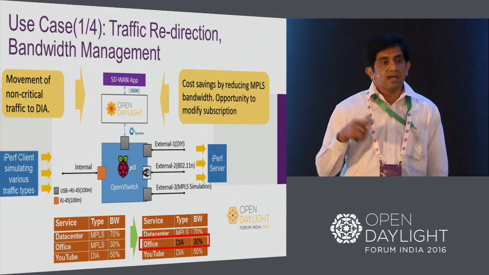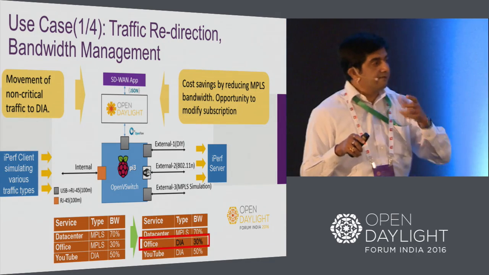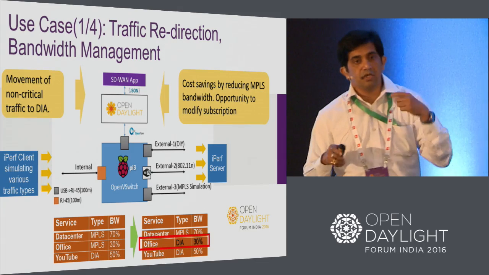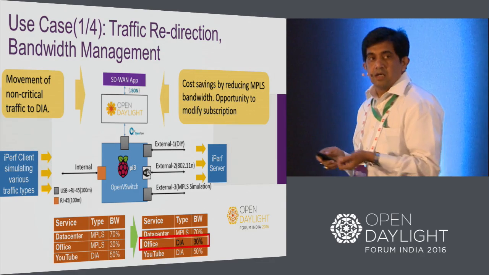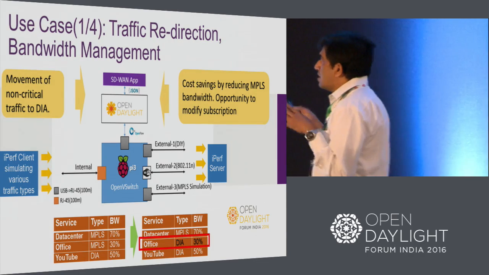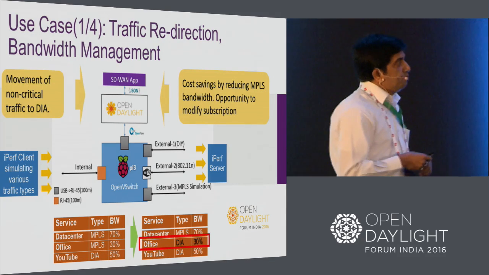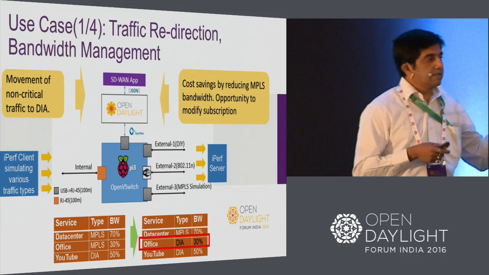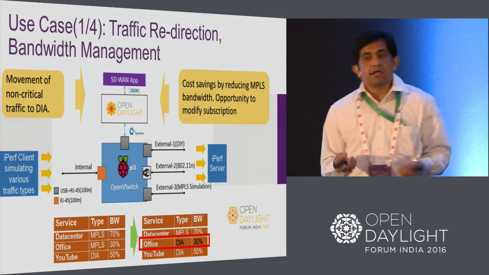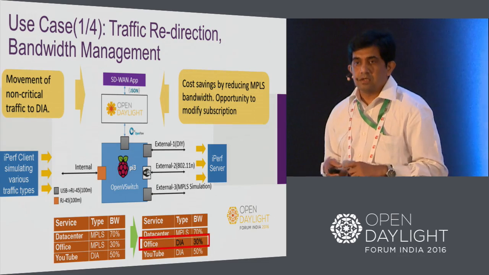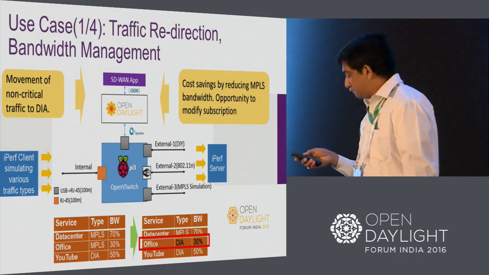In our case study, we also monitor the bandwidth. If any application is consuming more bandwidth, you can insert flows. Currently, all the flows are static flows, but our goal is to harden this over a white box switch so that you can do all these operations dynamically.